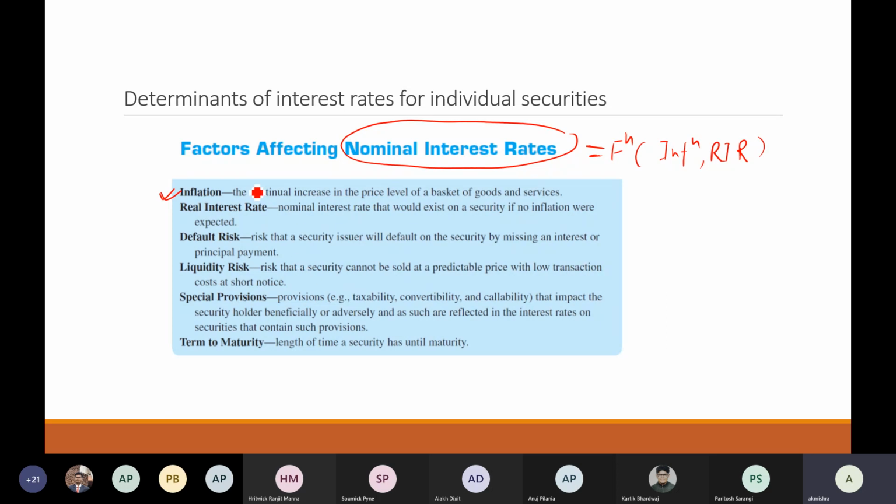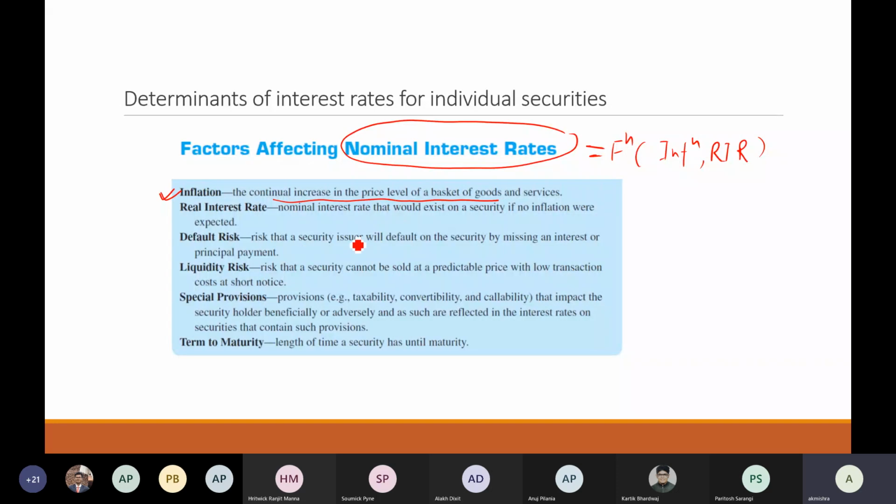So if there is a continuous increase in price, definitely it will have an impact on the interest rate. Yesterday we discussed how the inflation rate is going to decide your interest rate, and numerically we will also see how inflation and interest rates are related.